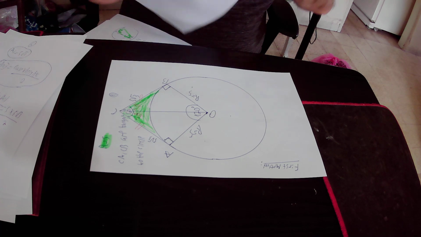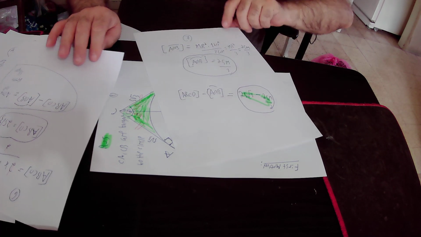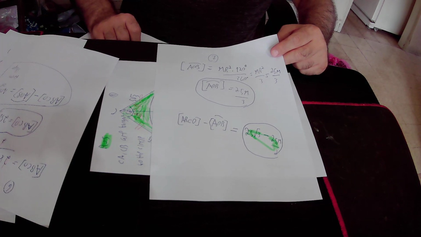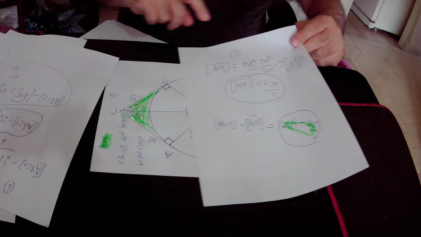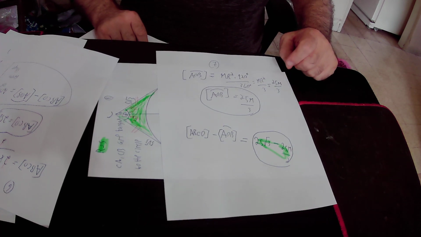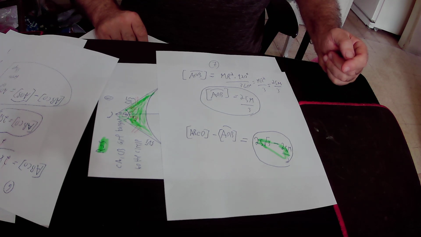And what is the area of sector AOB? The area of sector AOB equals pi r squared, that is the area of the circle, times 120 degrees over 360 degrees. We know that the radius of the circle equals 5 units.